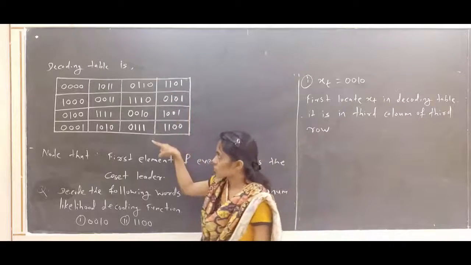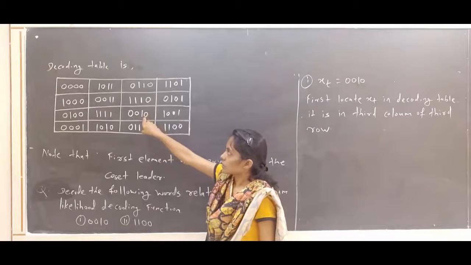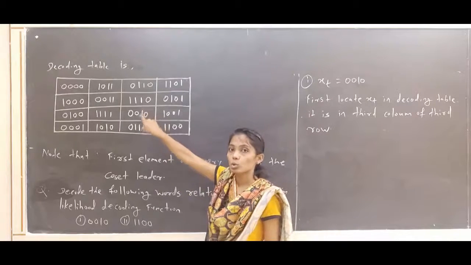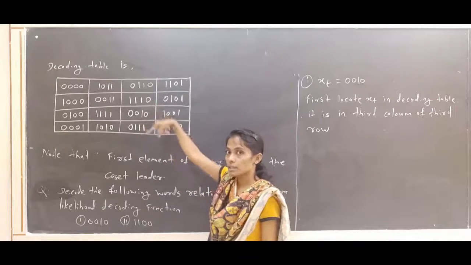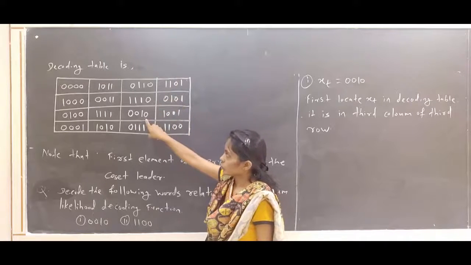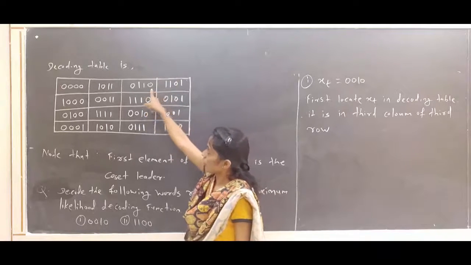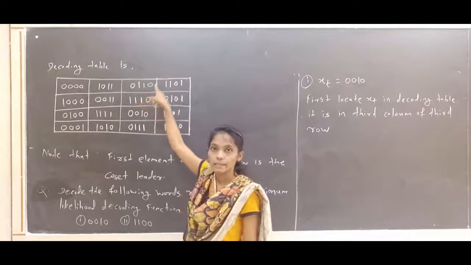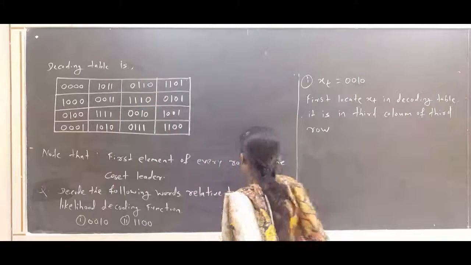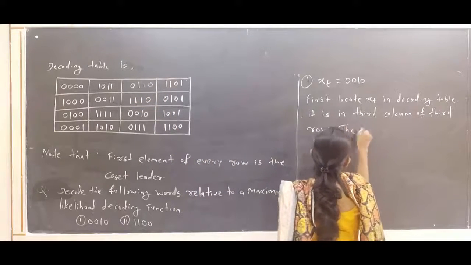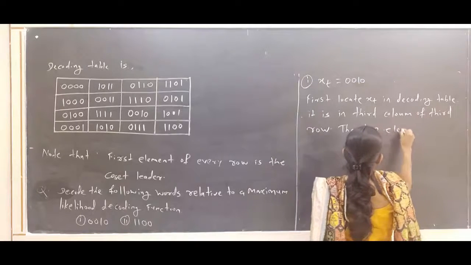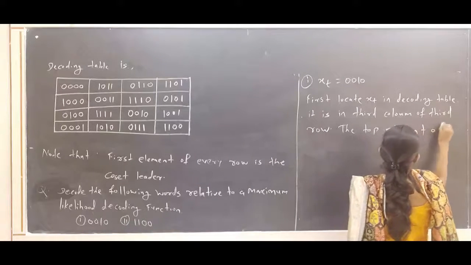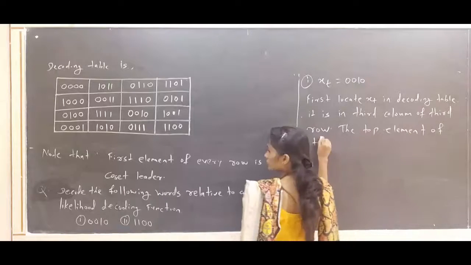Now observe this column and observe the first, or top, element of this column. So the top element of the third column is 0 1 1 0.